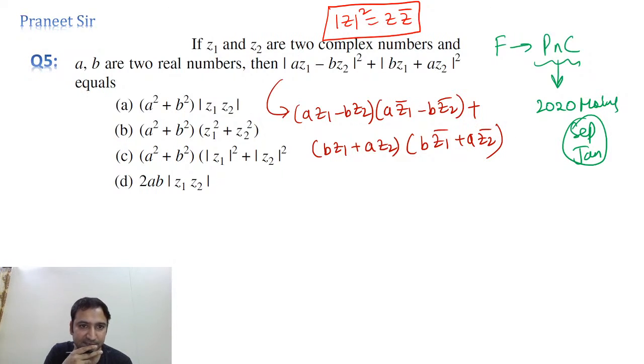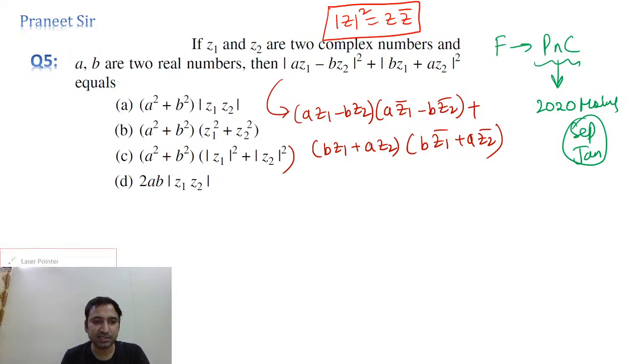So what is the answer, guys? Let's multiply this. If you multiply this, you'll get to know. Total 4 terms. Let's multiply these two. a square into z1 z1 bar is mod z1 whole square.